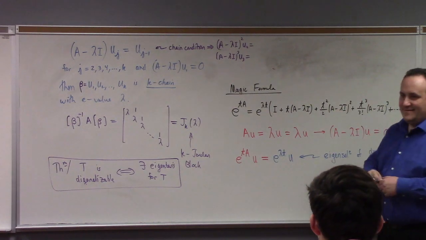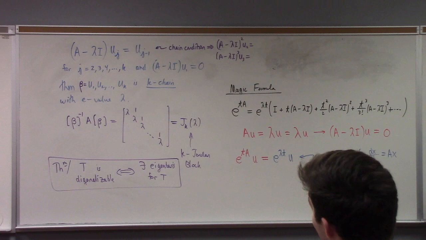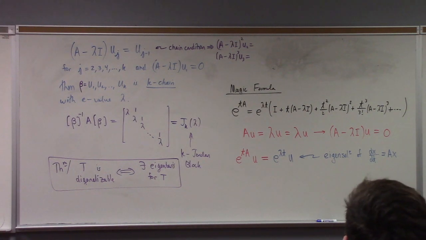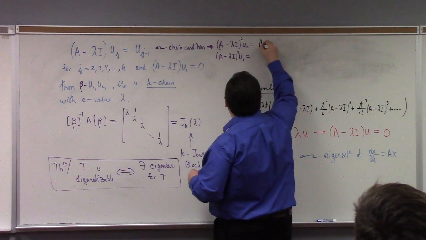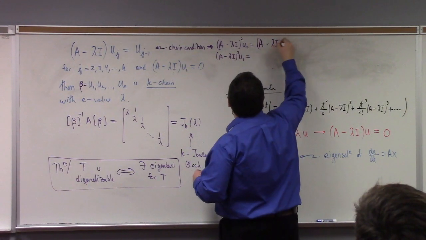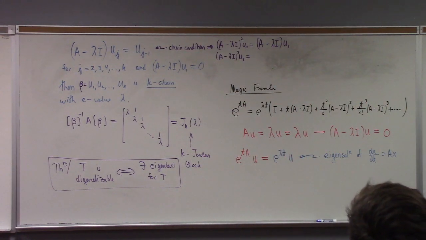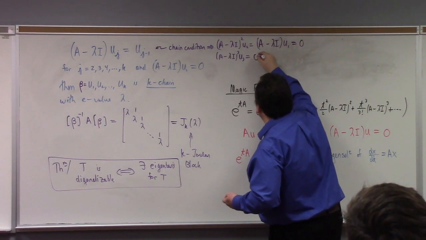U1 and U2? No. If there was just one there, it'd be U1 and U2, but there's a 2 and a 3. I have two powers, not just one. By assumption, this would be (A minus lambda I) U1, like you just said. But what's (A minus lambda I) times U1? By assumption, 0. And this, likewise, will be 0.